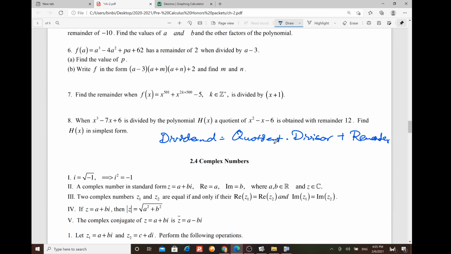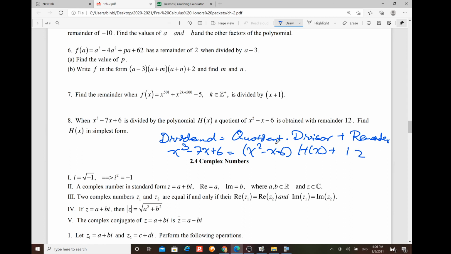So basically what this is saying is that x cubed minus 7x plus 6 equals the quotient x squared minus x minus 6, and the divisor is unknown. That's what we need to find out, which is h of x, and then plus the remainder. The remainder is 12.